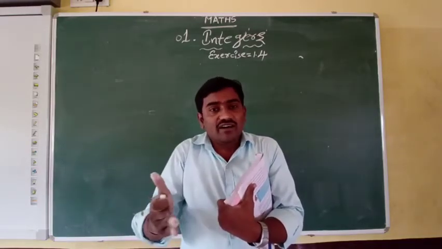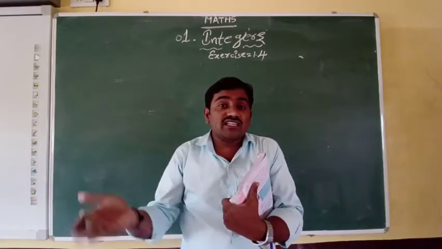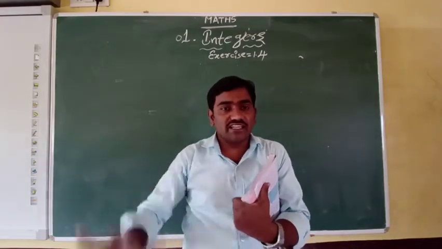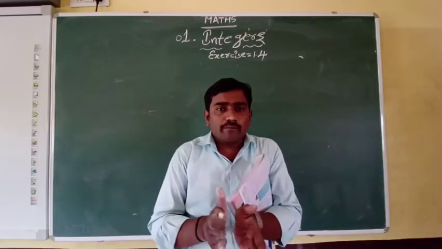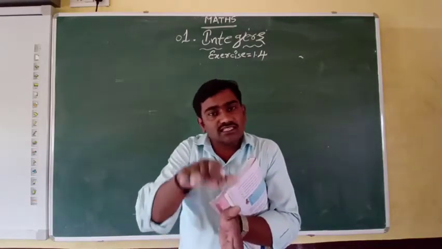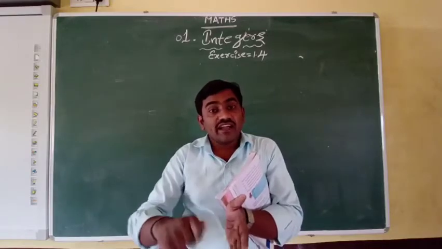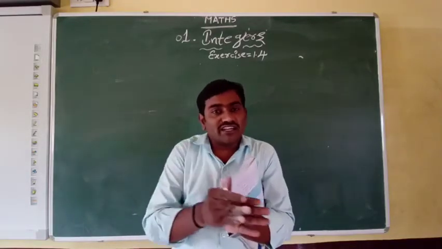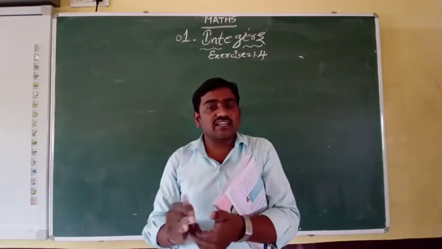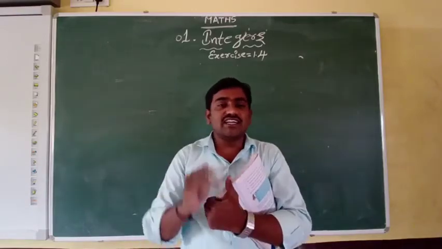After every 1 hour, that room temperature decreases by 5 degrees centigrade. Suppose it is 10 o'clock and your room temperature is 40 degrees centigrade. At 11 o'clock, it will decrease by 5 degrees centigrade. That means from 40 degrees centigrade you subtract 5, that will be 35 degrees centigrade.